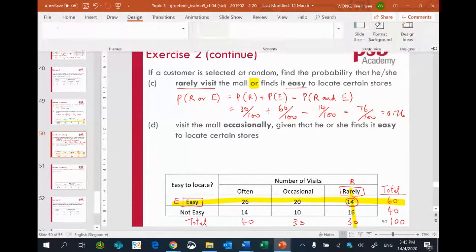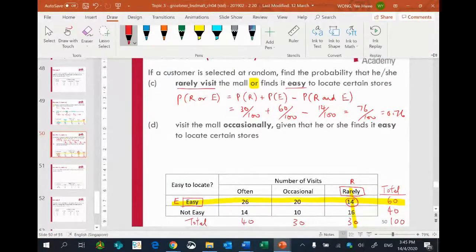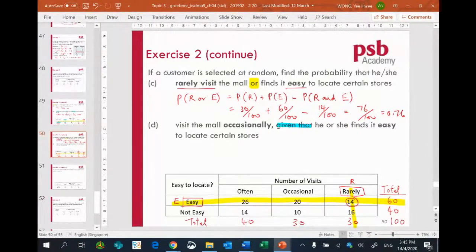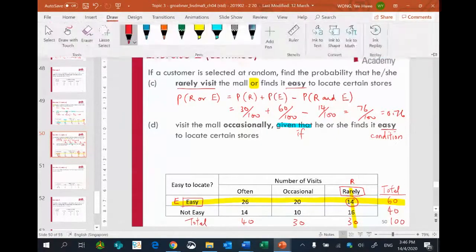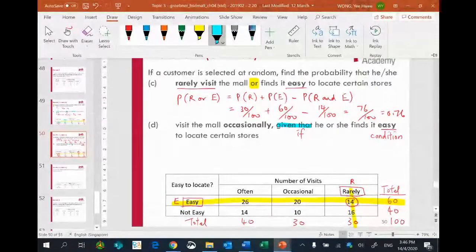The next question. Given that, the word given that means if. So if the person finds it easy, so easy is the condition. So we have to highlight the condition. Where is the condition?